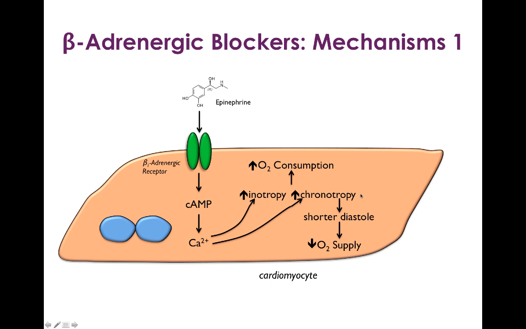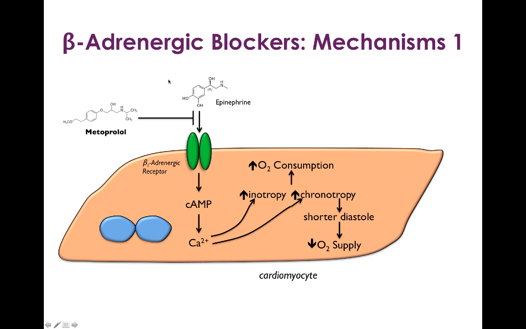But the increased chronotropy also leads to a shorter diastolic period, and recall that myocardial perfusion is during diastole, so with shorter diastole, you could potentially limit oxygen supply. So epinephrine or adrenergic signaling can lead to ischemia through increased oxygen consumption and decreased oxygen supply.